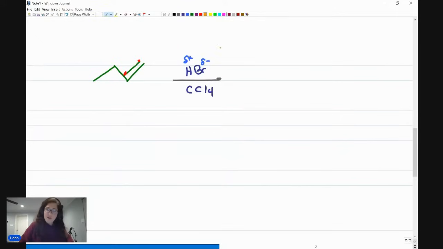So if we identify that this is an electrophilic addition reaction, all I have to do is break the pi bond, redraw the skeleton exactly as I see it, and then ask myself, what exactly happened here? When the pi bond attacked the hydrogen, I had a carbocation intermediate.